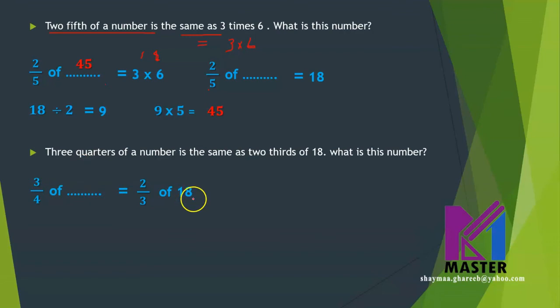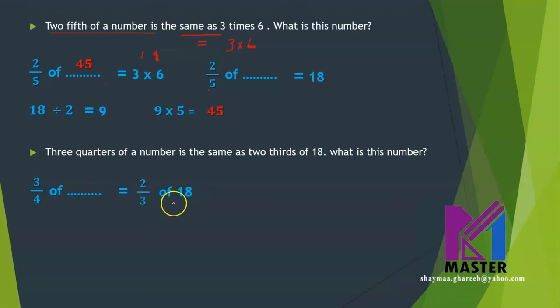So now I have a mathematical sentence. Let's work on this side because I know all the numbers here. 2/3 of 18. How to get 2/3 of 18? It's a fraction of an amount, from the lesson before this lesson. How to get a fraction of an amount? I divide the total amount by the number of total parts to get the value of one part.